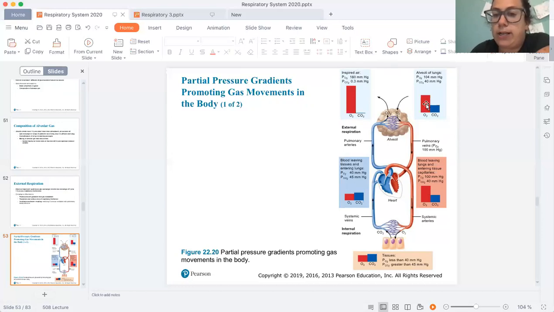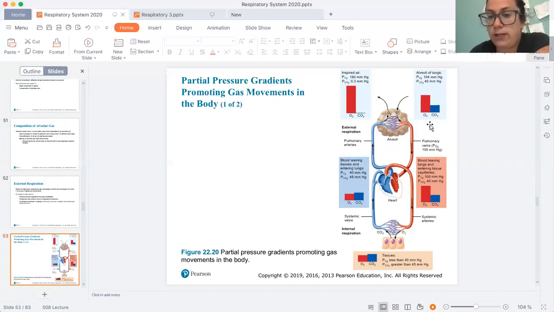Now keep in mind that we take it in, we're working in the alveoli, and we're doing some external respiration. The capillaries are doing some gas exchange, and inside the alveoli itself, as you notice, the partial pressure of CO2 is actually at 40 millimeters of mercury, and the partial pressure of oxygen is a little bit lower. That's because we always have more CO2 in our alveoli than we do in the outside world.